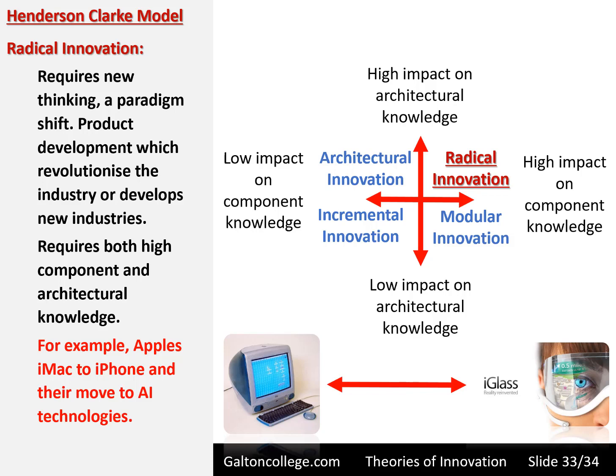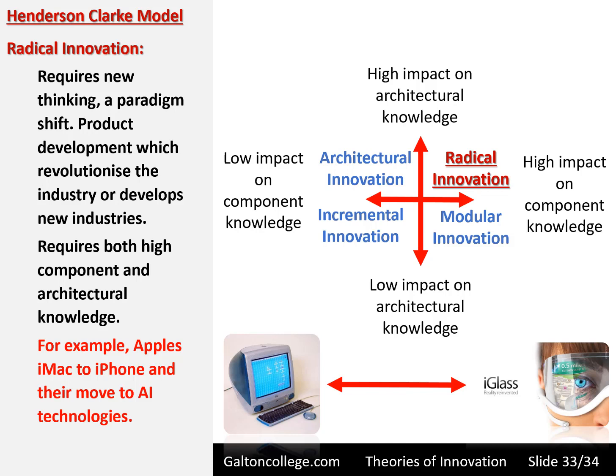The computer on the bottom is accessing the net, let's say, but the person on the right wearing the glasses is also accessing the net. They're doing the same job, but they are totally different. That's radical innovation. Architectural innovation, the components are essentially the same, it's just the product looks different, has a different feel and a slightly different capacity, perhaps.